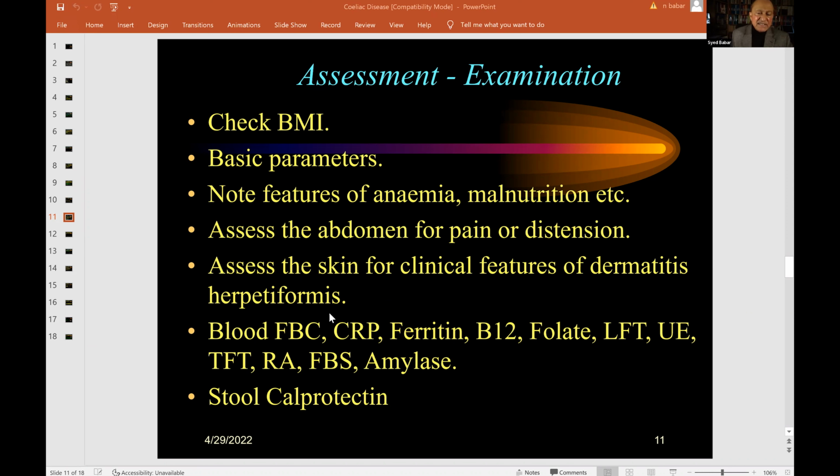Arranging basic studies of full blood count, C-reactive protein, ferritin, vitamin B12 estimation, serum folate estimation, liver function tests, urea and electrolytes with eGFR, thyroid function tests, rheumatoid arthritis tests, fasting blood sugar, and serum amylase.